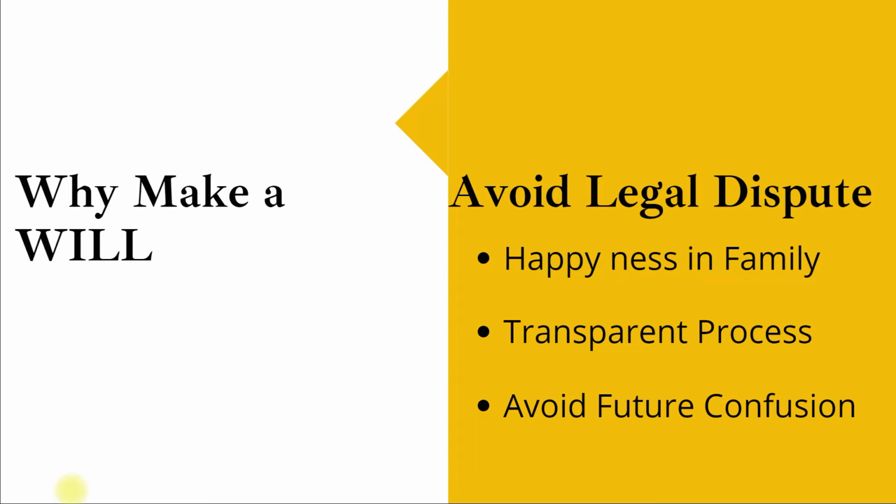Will is nothing but a wish list. It is a wish which you want to give to your kids, your grandson, your granddaughter, or any person who has supported you throughout your life, and it's a part of a gesture which you do.